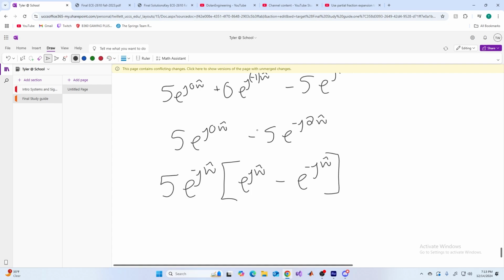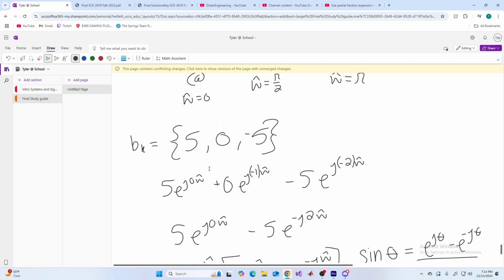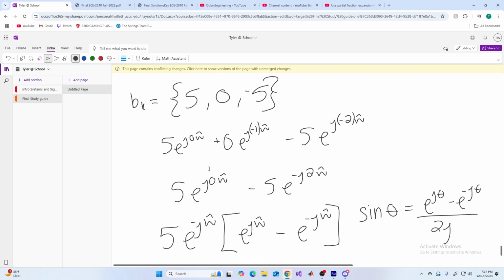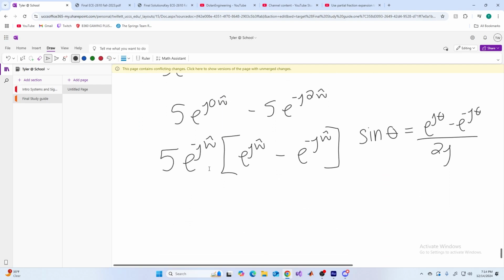Now this is very, very close to our sine. Remember, sine of theta equals e to the j theta minus e to the negative j theta all over 2j. So to get this, I need to multiply. Sorry, I just want to double check something really quickly. Negative 5, negative 5. I am going to have to multiply it by a j. So I will get 5, so sorry, 10.